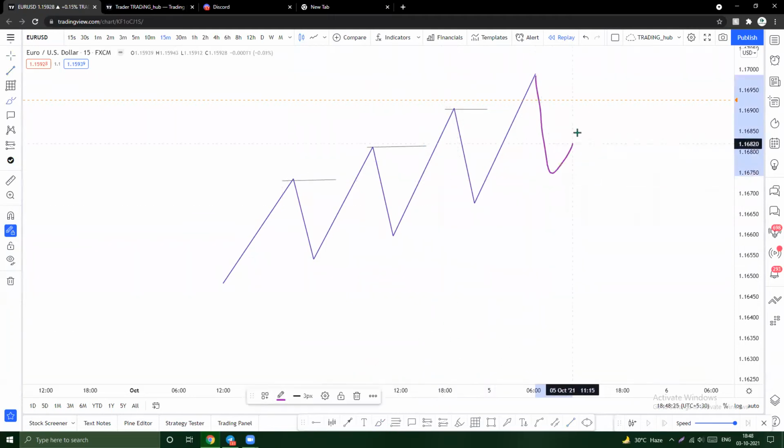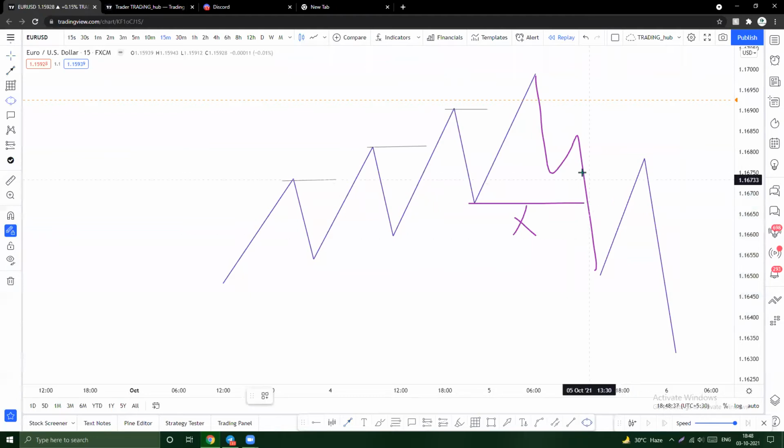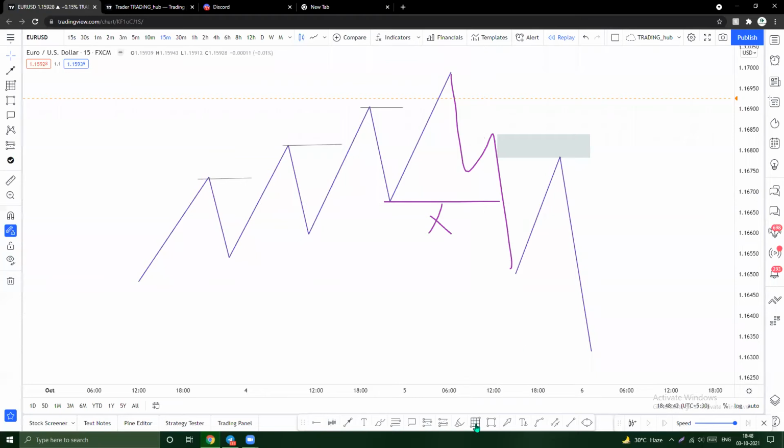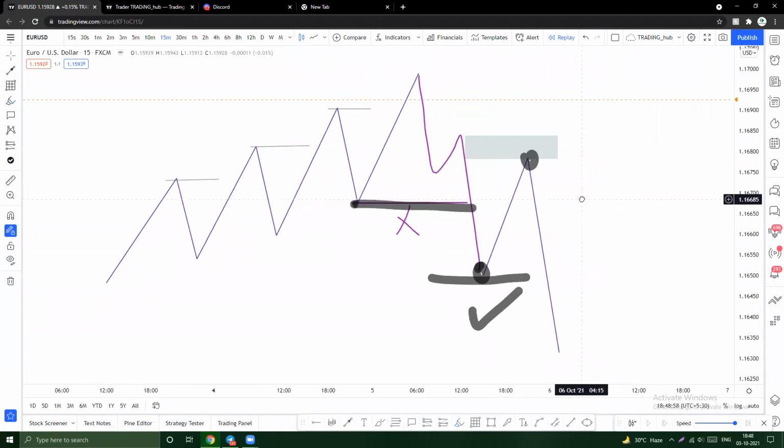And when the market broke this low, this one is called change of character. Then the market pushed the upside and went down, right? So this first move is called change of character, and then the market created a new low and took a pullback, and this move is called break of structure, right? So these are the main differences.